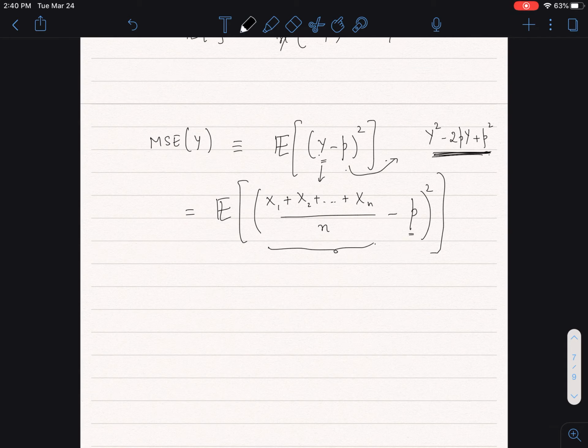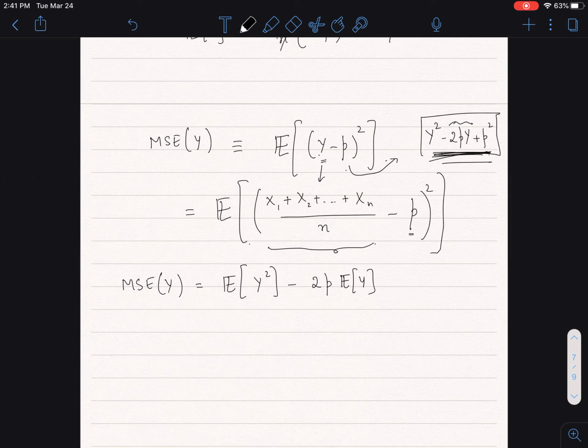Okay, so let's do it starting with this definition. This is the term that you have. Okay, so MSE of y, because of this expansion, you could also write as the expected value of y squared minus 2p times the expected value of y, because p is a constant, plus the expected value of p squared.